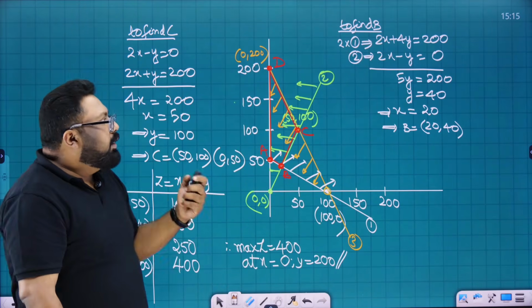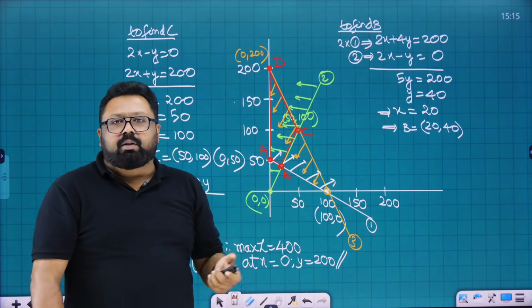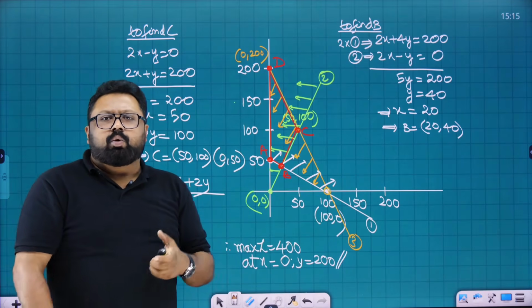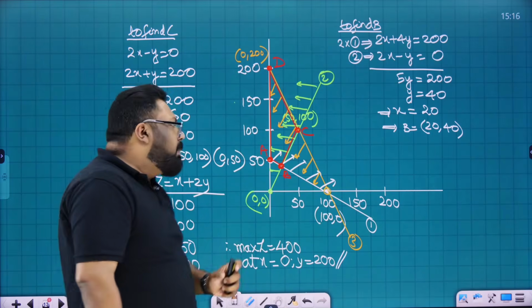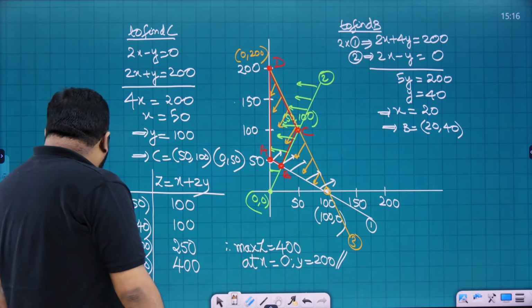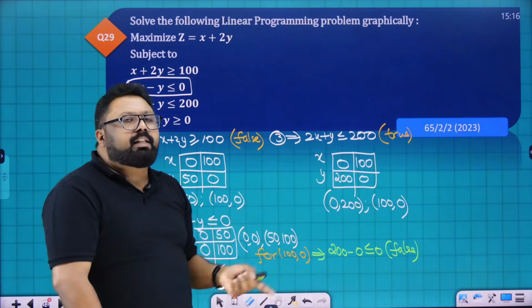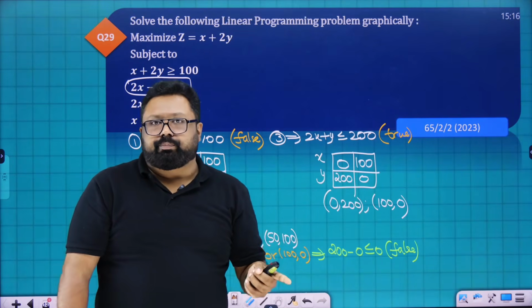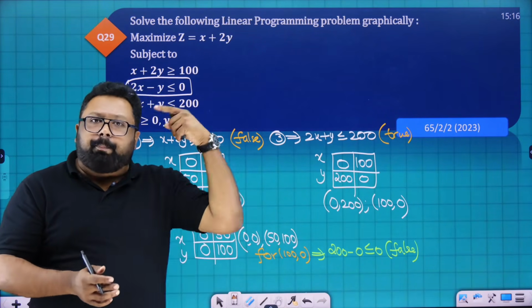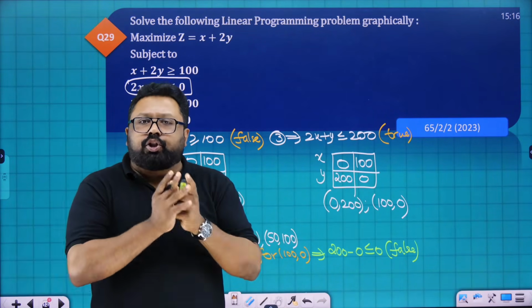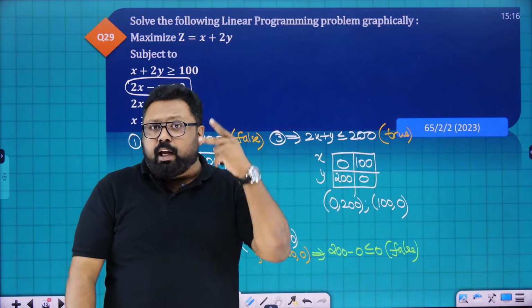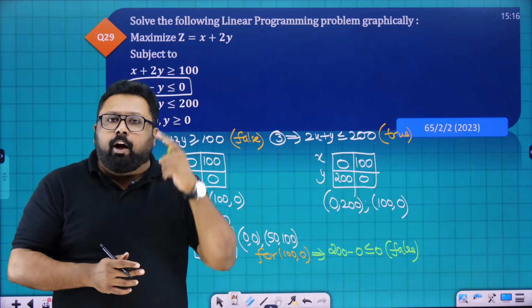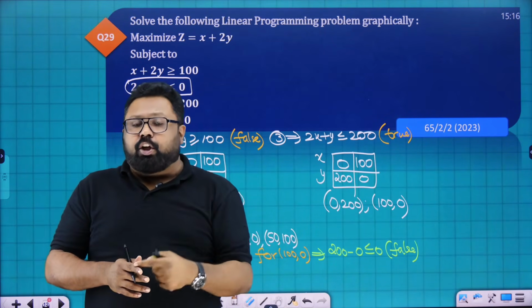So with this question, I'm going to wind up this video session of 3-mark questions. I hope everybody understood the idea. Two important things I want you to remember, my dears, about a line which passes through origin. Also, in the previous video, I had shown you what would happen if you get your optimal solutions at 2 points, and how to handle unbounded solutions.